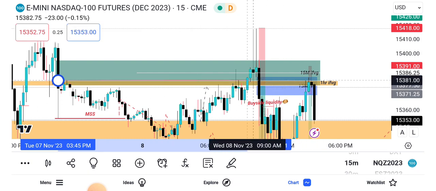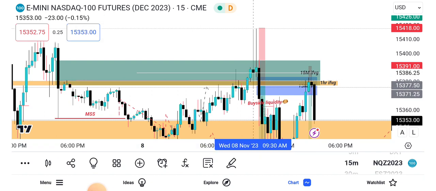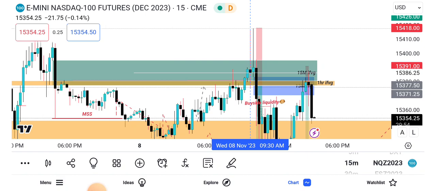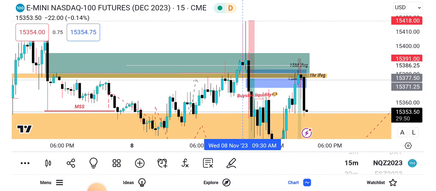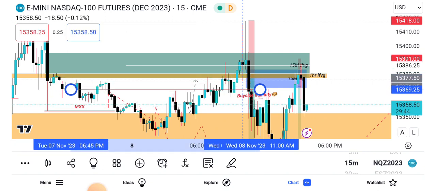So as I was looking at price, these were my levels of interest. I wanted to see price tap into this 15 minutes fair value gap and also this 1 hour inversion fair value gap, clearing these liquidities. This liquidity, I guess you can see it, the one I've labeled. Yeah, this one, the high, and these equal highs.